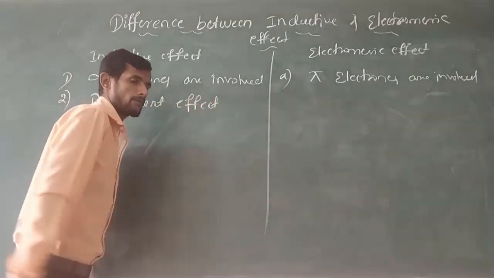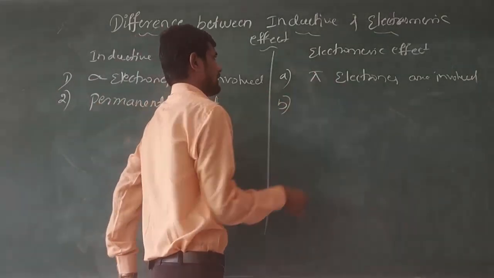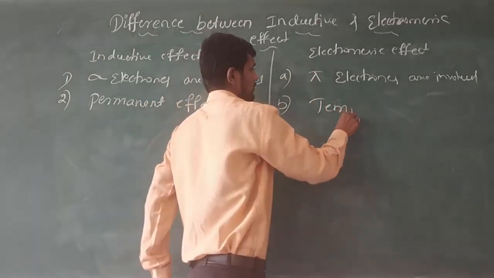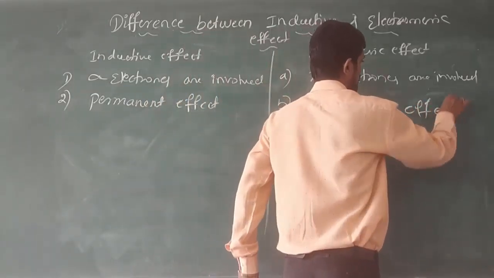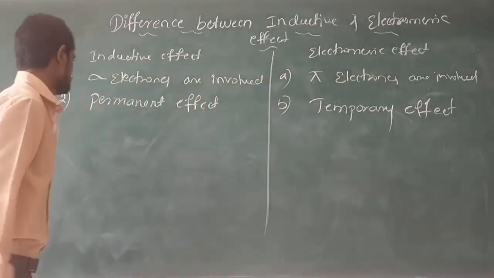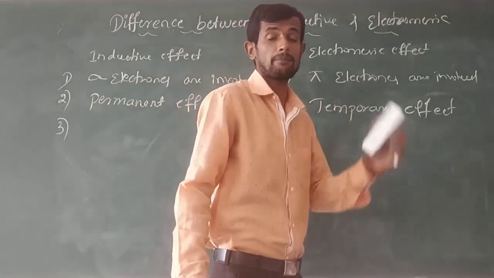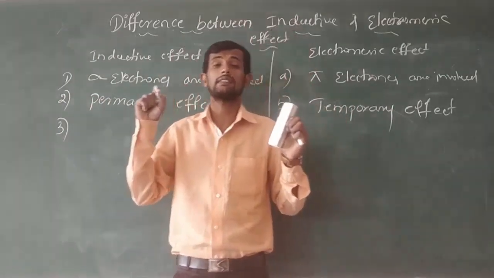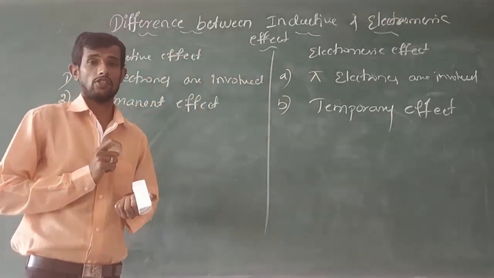The electromagnetic effect is also called a temporary effect. Why is the electromagnetic effect called a temporary effect? Because this effect occurs only in the presence of an attacking reagent.